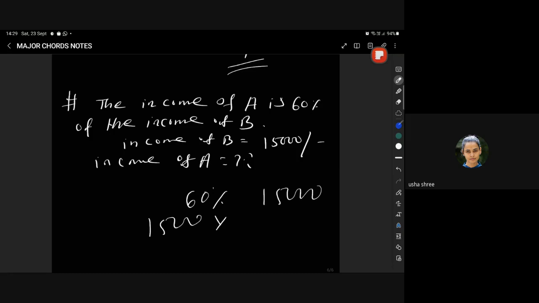So 15,000 into 60 by 100 will give you 9,000. Or simply 15,000 into 0.6 will also give you 9,000.